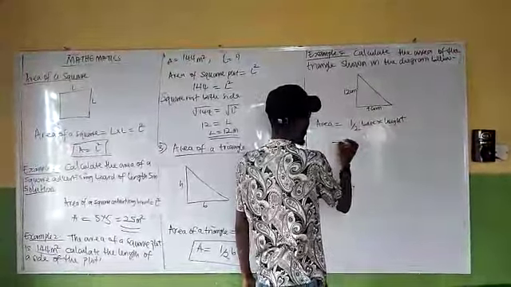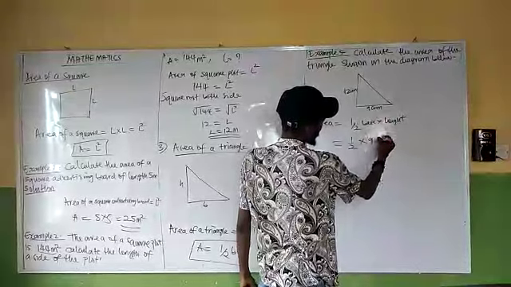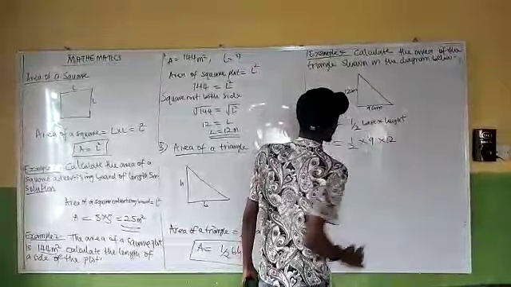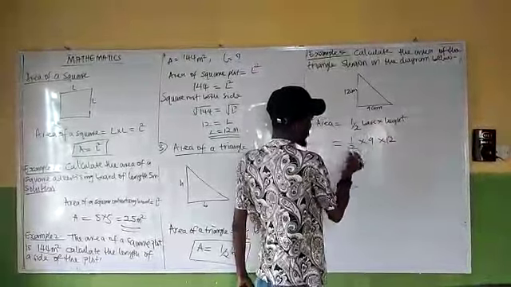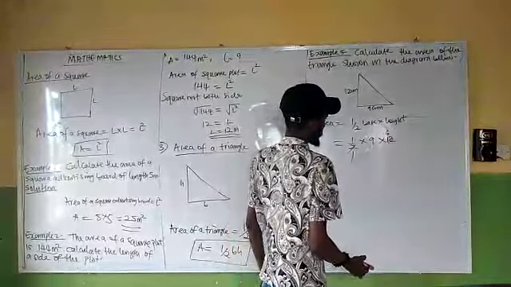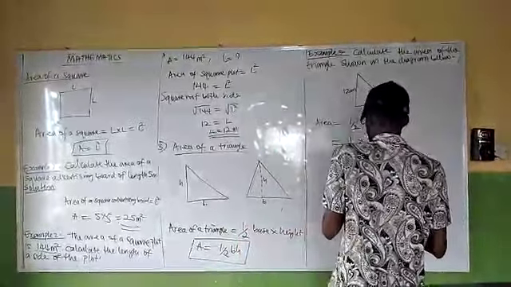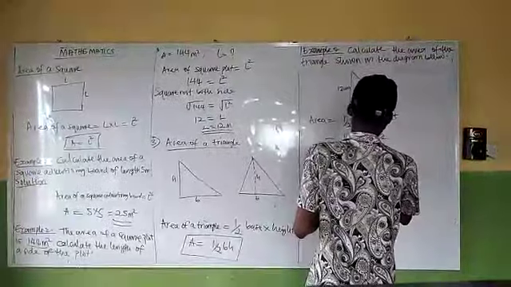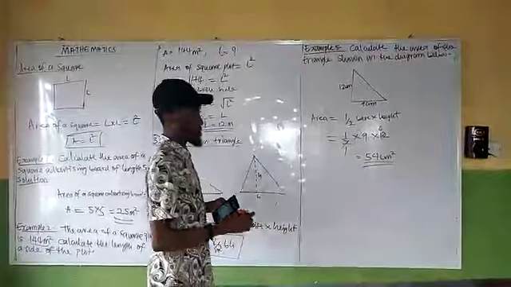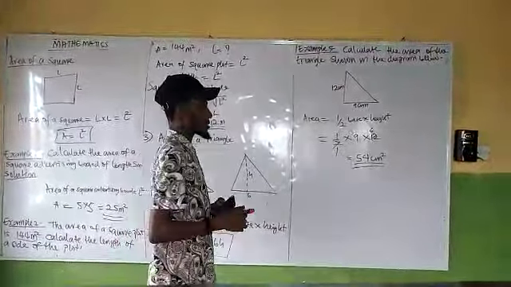Area will be 1/2 times your base, which is 9, times your height, which is 12 centimeter. Half of 12 is 6. 9 times 6 will give us 54. So you have 54 centimeter square. So the area of this triangle is 54 centimeter square.